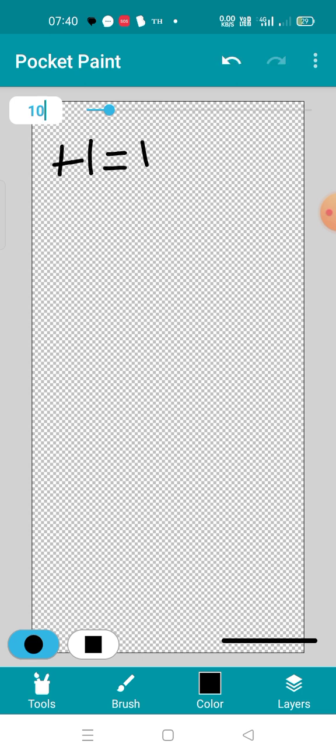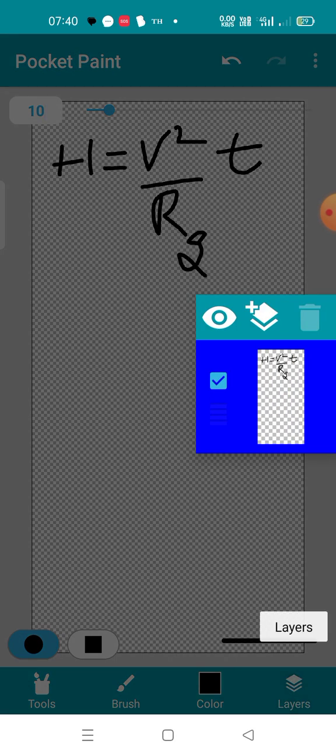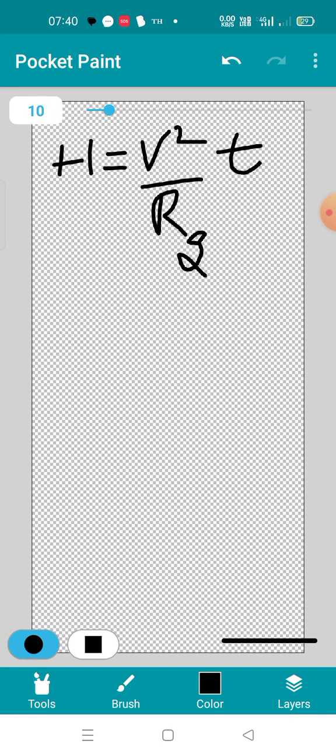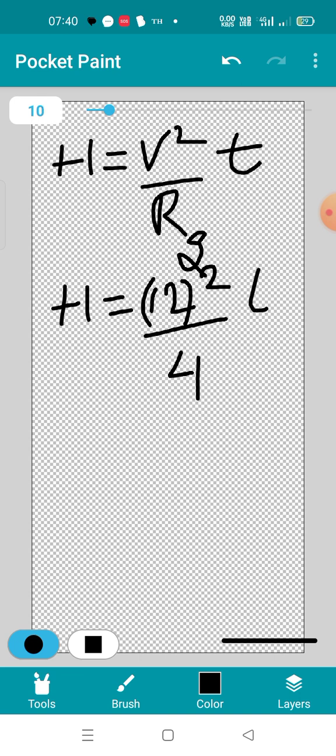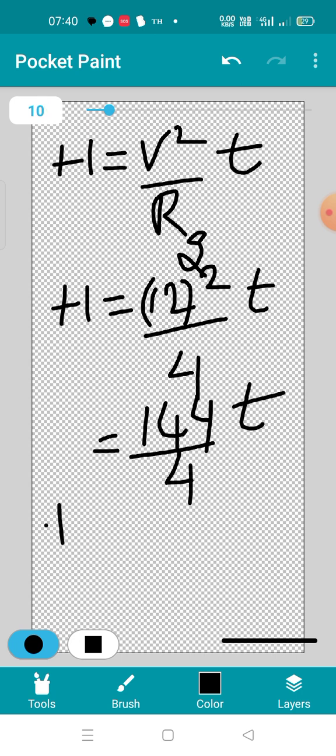H is equal to V square by R into T. Here, because the combination is a series combination, instead of R in the formula I shall write Rs. So H will be equal to, V value is same in the second circuit as well, so 12 square by Rs, we got it as 4, into T. So 12 square is 144 by 4 into T. If you simplify this, 144 by 4 will be 36, and we're left with T.